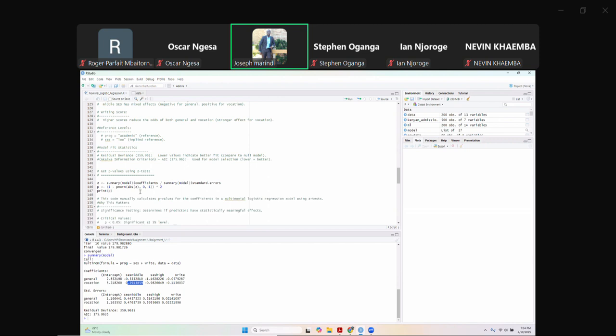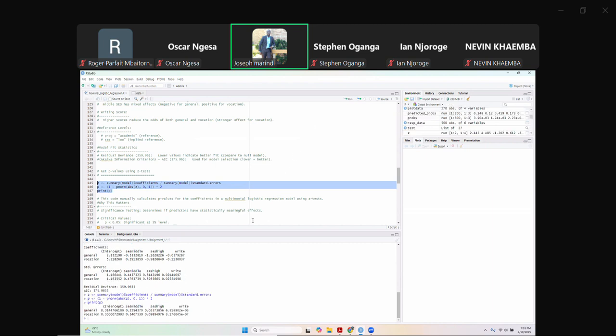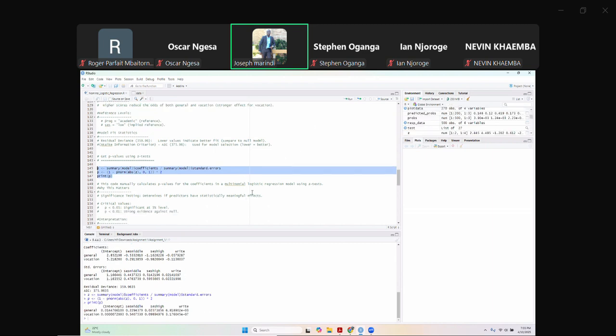The next process, we can get the p-value using the F scores, or rather the F statistics. Basically, why we are doing this is to determine if the predictors are statistically meaningful.